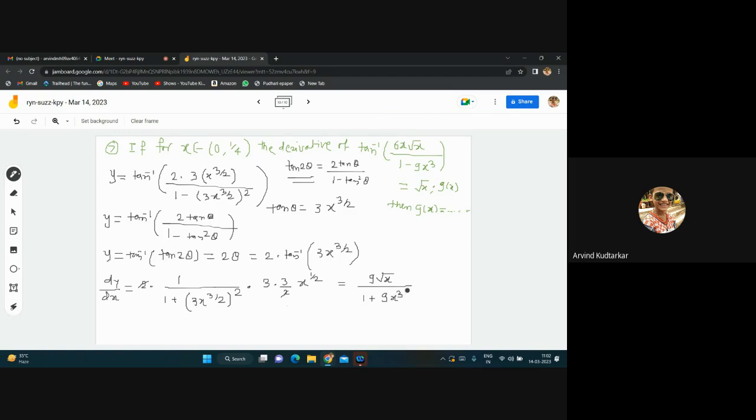So what can be the correct option? This is not it. You compare this with root of x into g of x. The 9 is not there; it is the name of the function, that is g of x. You have to find the value of g of x. So compare this with root of x into g of x. Root of x is here, so what is the value of g of x?